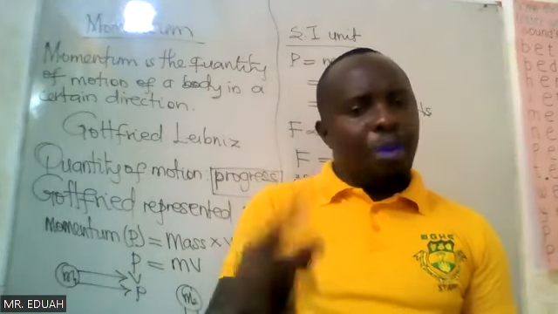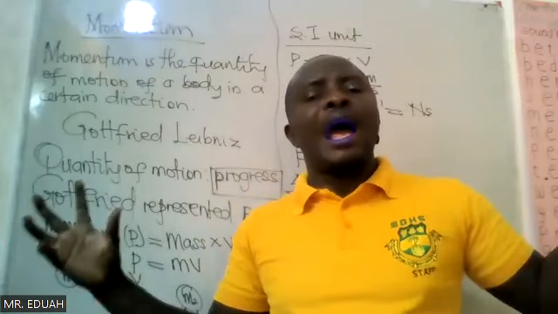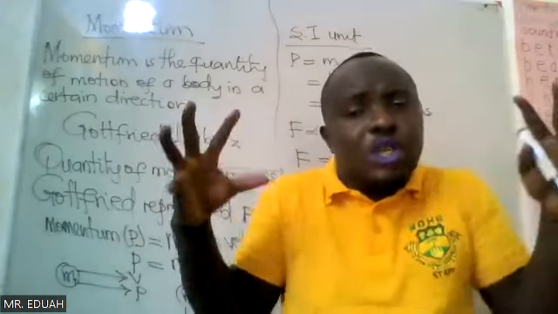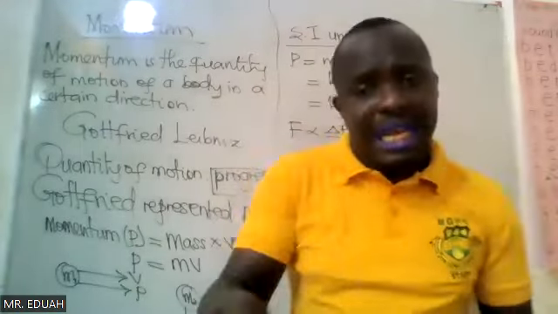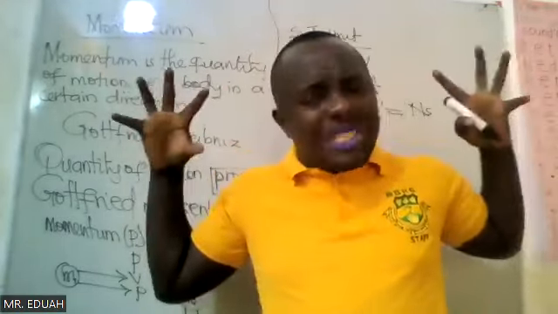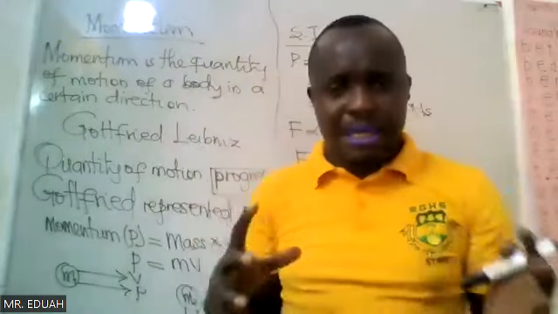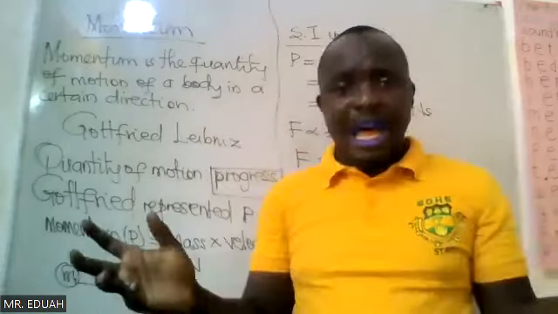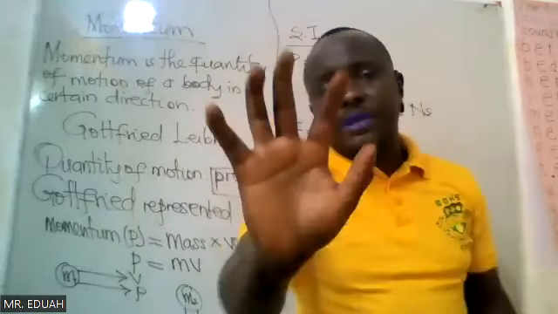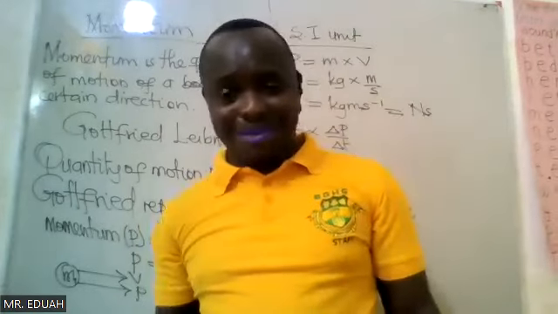A body moving with a greater momentum would require a greater external force to stop it. Meaning that for Chrysler to stop my throw, she would have to produce a greater force. As for what Chrysler will do, I'll just stretch my hand and stop it. That is what it means.